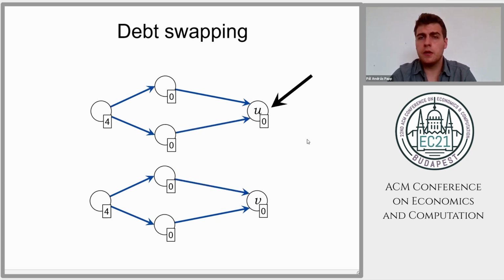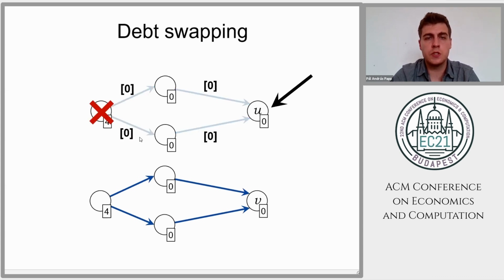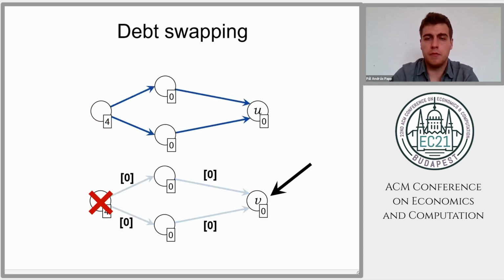If we look at this example, there's quite some motivation for the banks to do this. For example, Bank U is in quite a vulnerable situation because if this source node is hit by some shock or event and loses its funds, then U will receive no payment from this network at all. Similarly, V is also in a volatile situation because if this source node is hit by a shock, then V receives no payment at all.